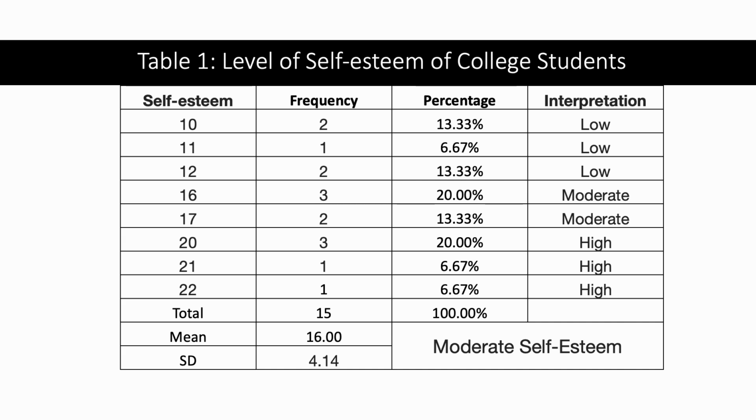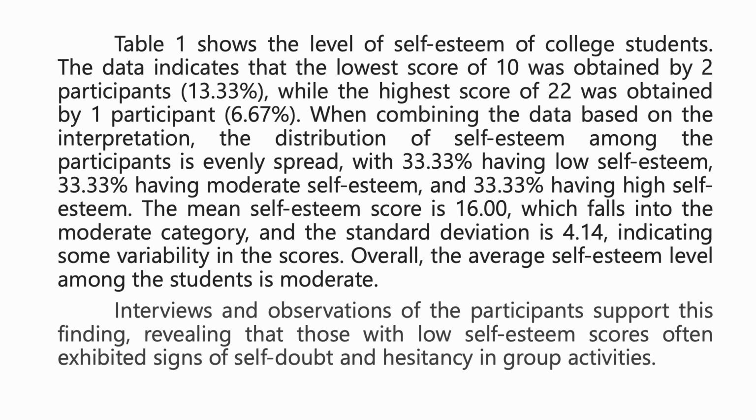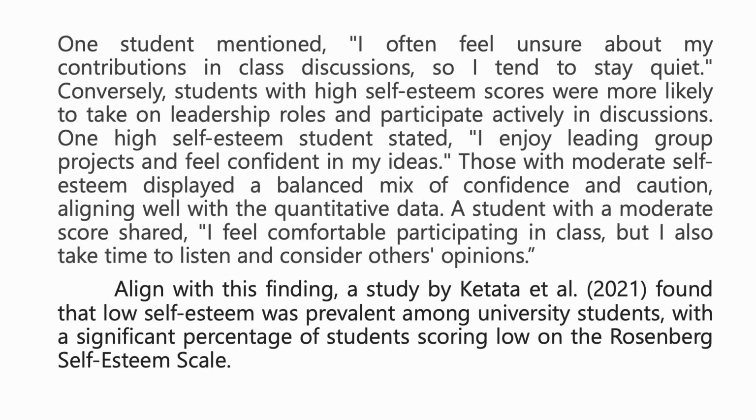Kindly read and understand how the result is being interpreted. Paragraph 1 is the textual explanation of Table 1, while Paragraph 2 is based on interview and/or observation. While Paragraph 3 supports the findings with studies or literatures.